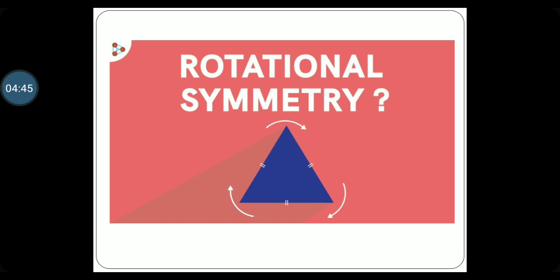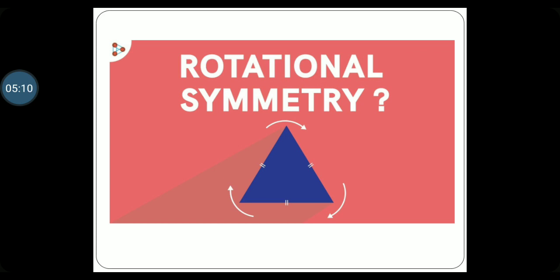So we have a triangle here on the picture. If you turn it so that the points of the triangle are exactly where they were, it will stay the same. So that means that it can be rotated and still stay symmetric.